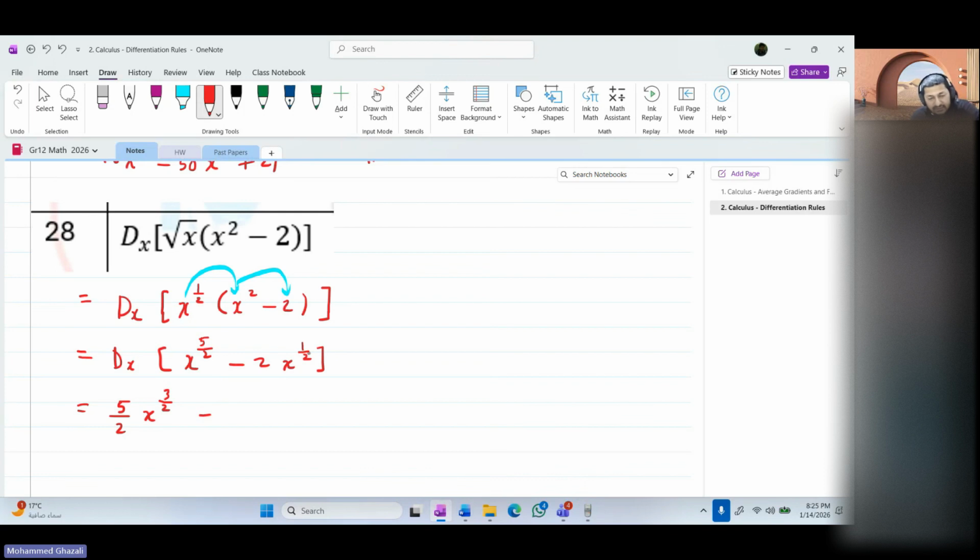Minus 2 times half is minus 1, x to the power negative half. Now we still got to simplify this. That's just 5 over 2 x to the power 3 over 2, which is fine. This one needs to go to the denominator. So minus 1 over x to the power half. That's it. You understood that, Mishka?